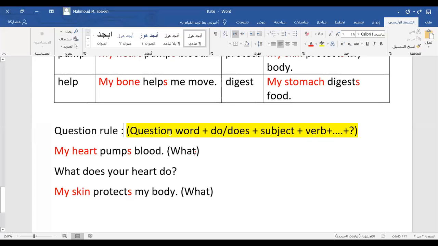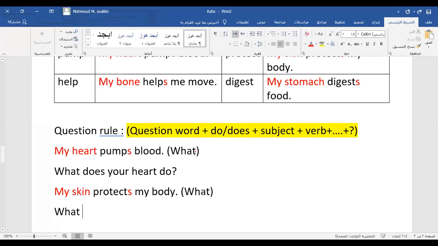The first thing is the question word, right? Yes. Okay. Now look at your sentence. My skin protects my body. So what is the question word in our sentence? Is it what, or where, or when? What? Thank you. So first I start with what?